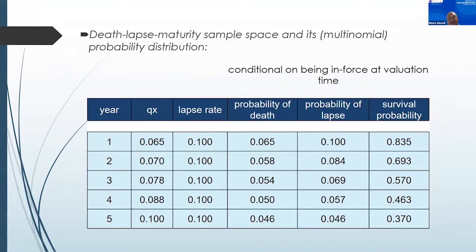This is basically the summary of the first sample space with the corresponding probabilities of the possible outcomes.